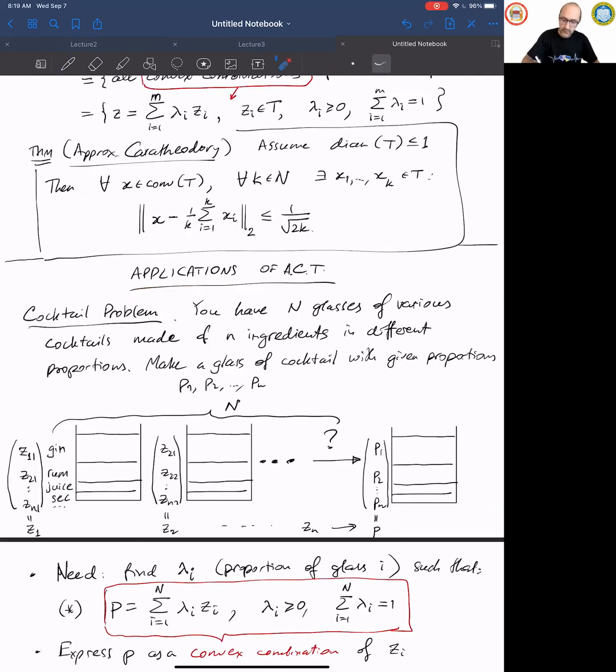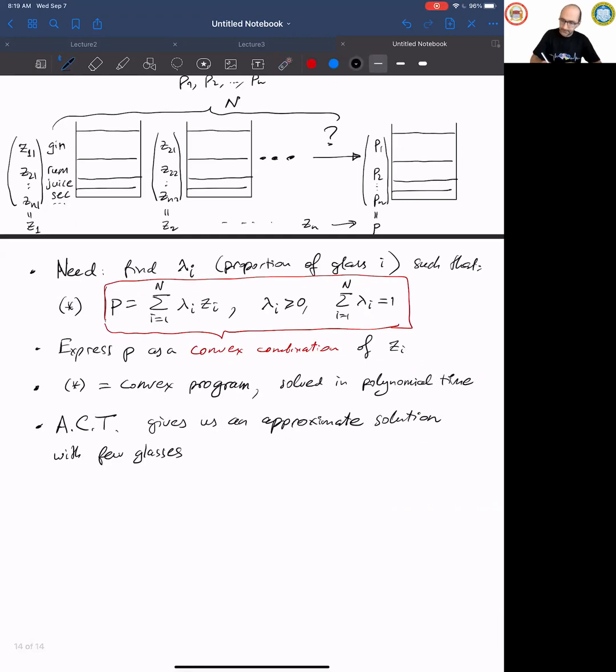You can make a solution with any number of glasses you want, say just 3 glasses. And the number of glasses is independent of capital N and little n, which is surprising. You're given a lot of glasses and a lot of ingredients, and it doesn't matter how many; the complexity will be the same. Very surprising. And it is fast.